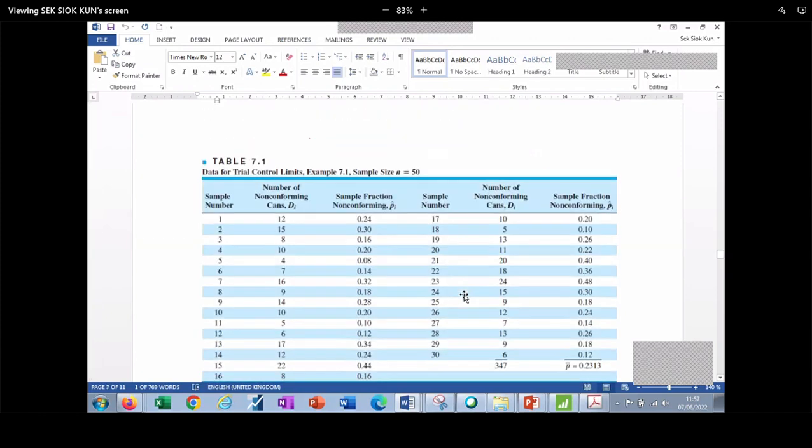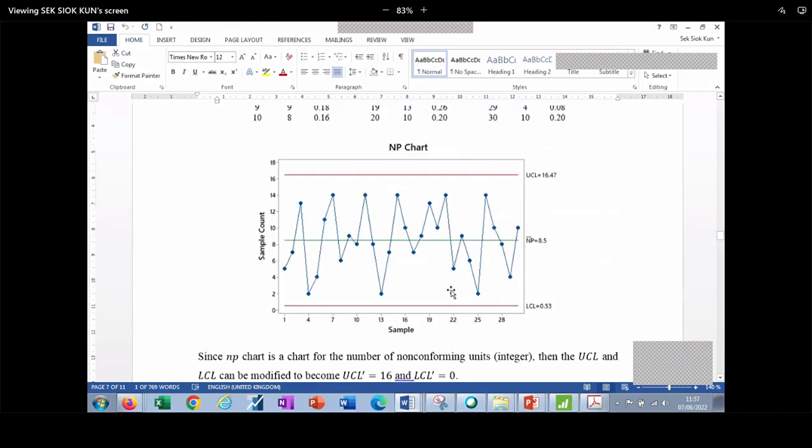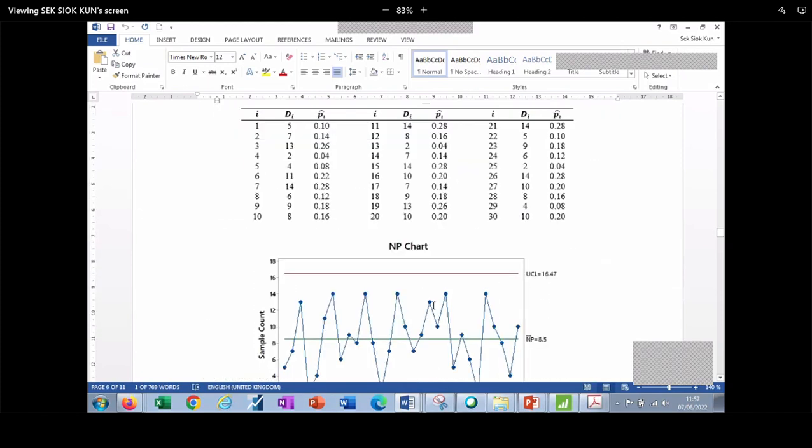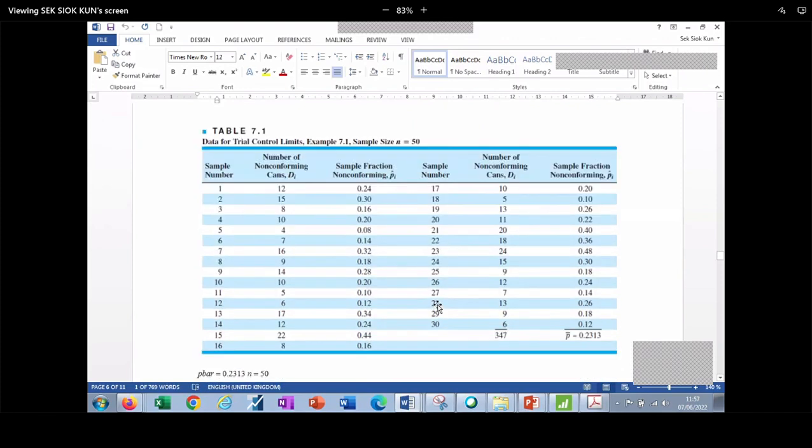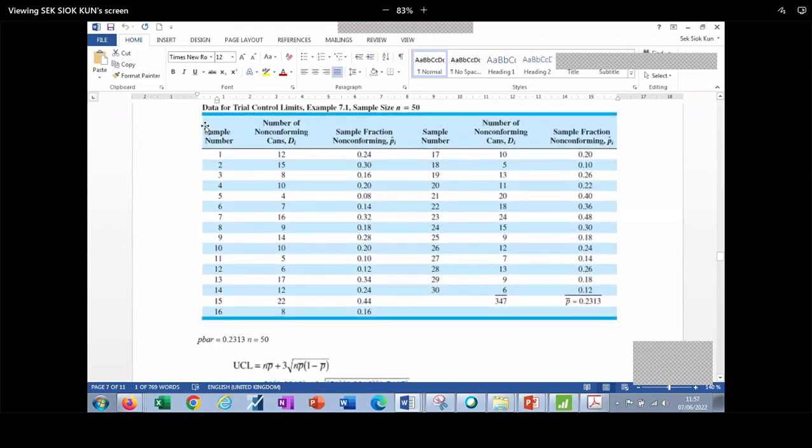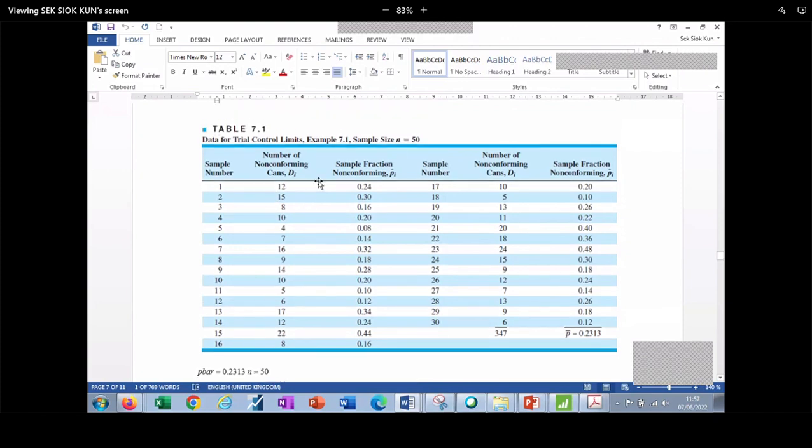Okay, this is another example. You have 30 subgroups of samples with DI, the number of non-conforming reported, and then you need to calculate the P hat i. The sample size is 50, so divide by 50, 12 over 50, and you'll get everything.